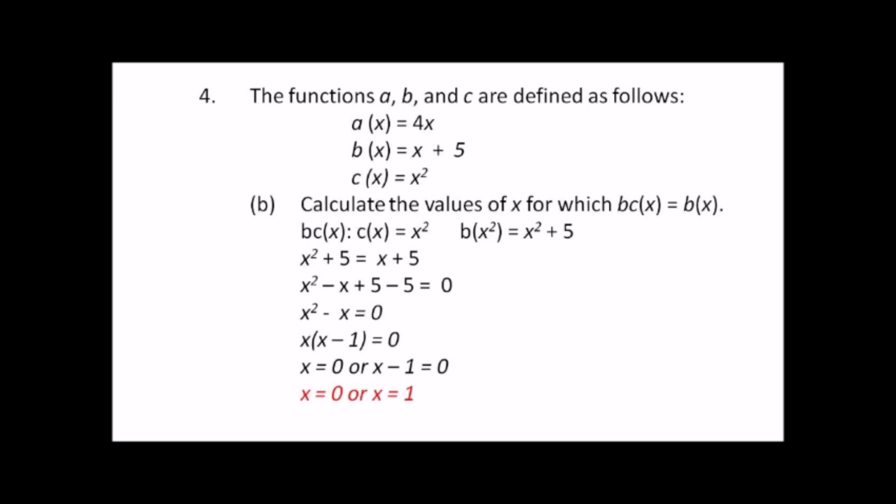And number 4, b, we had to calculate the value of x for which bc of x is equal to b of x. So work out the composite function first. So you get bc of x: c of x is x squared, so b of x squared is x squared plus 5. We put that equal, and at the end we had to get x equal to 0, x equal to 1, when you factorize x squared minus x equal to 0.